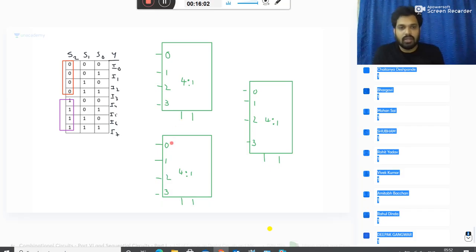Now you give here S1 and S0, that is these two. Here also you can give S1, S0. They can be 0, 0, 0, 1, 1, 0, 1, 1. They will select I0 to I3, and here I4 to I7.